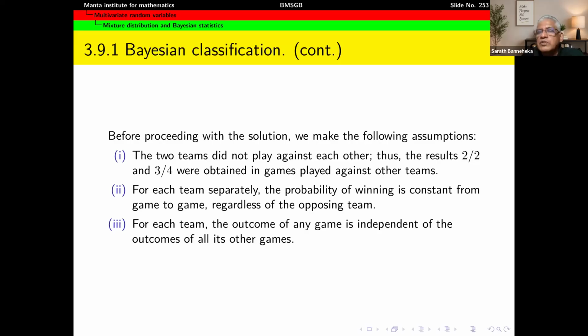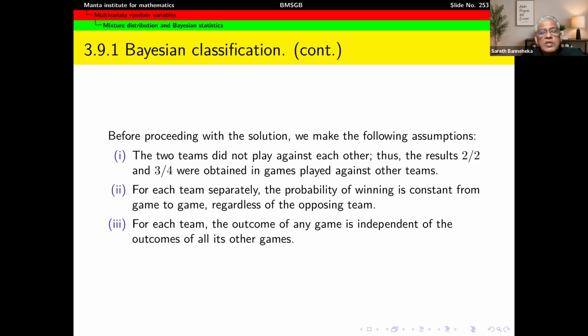These are the data from games they played against some other teams. Otherwise, it will be a direct comparison, right? The two teams did not play against each other, so that's an assumption. Thus, the results 2 over 2 and 3 over 4 were obtained in games played against other teams. So we'll assume that.